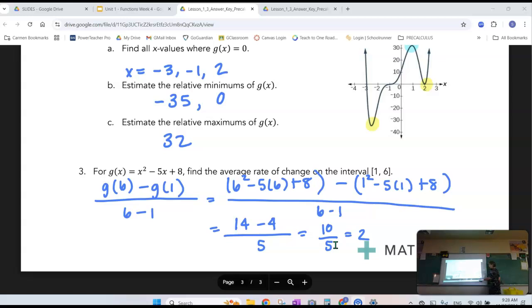Okay? So this function is called g. It's not called f. This function is called g. What are the x1 and the x2?